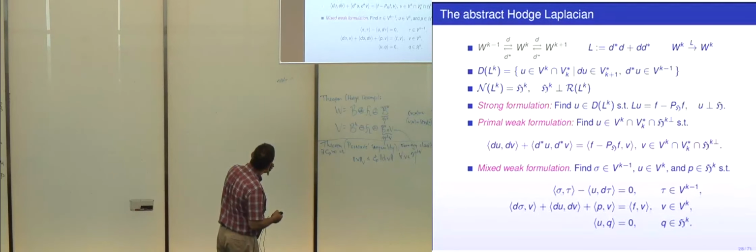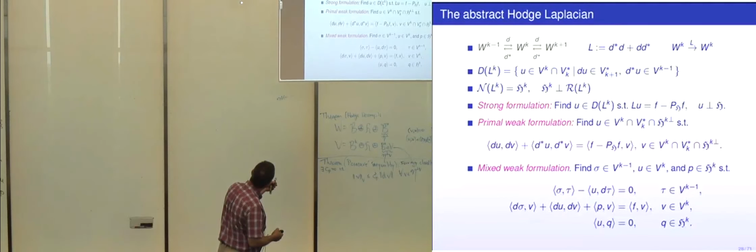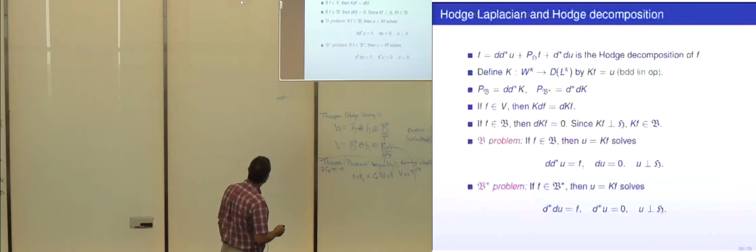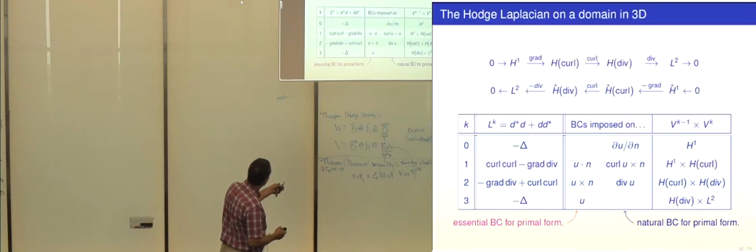We're going to have to be able to integrate that d onto d star into du, and so that's going to force a boundary condition, namely that du is in the domain of d star. So in that sense, that's a natural boundary condition.